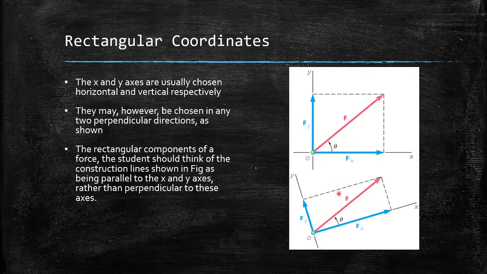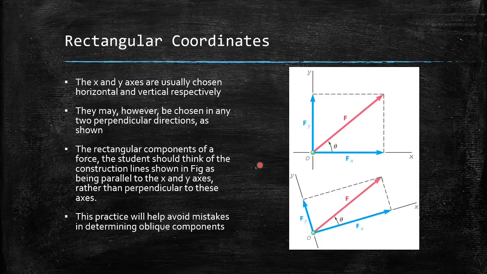These kinds of rectangular component systems are very useful when you try to solve problems of inclined planes or maybe wedge friction problems. This practice of drawing parallel lines would be helpful in determining the oblique components, as shown in the below figure.